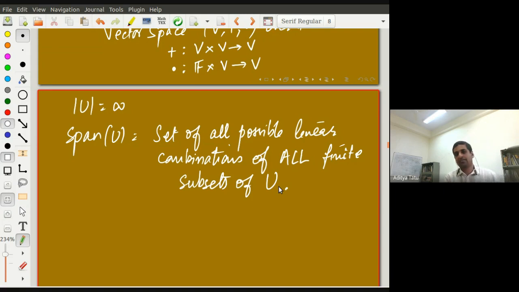The problem is, as soon as I have infinite vectors, I cannot define a linear combination of those elements. But I can surely consider all finite subsets of U. Once I have a finite subset, defining the span is no problem, that I have already defined. So collect the spans of all finite subsets of U together. That is how I'm defining the span of a set which has infinite elements.